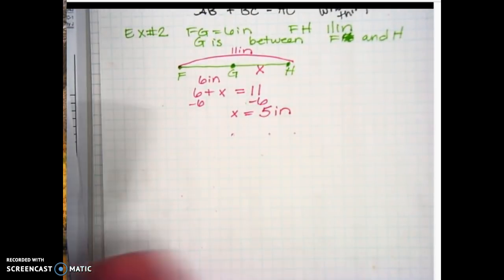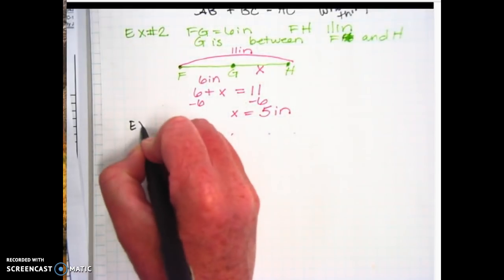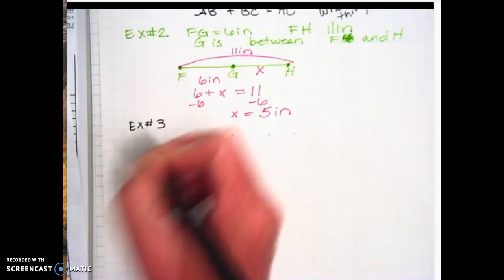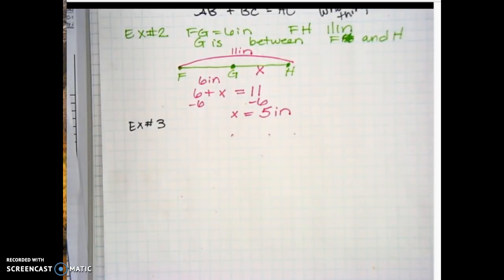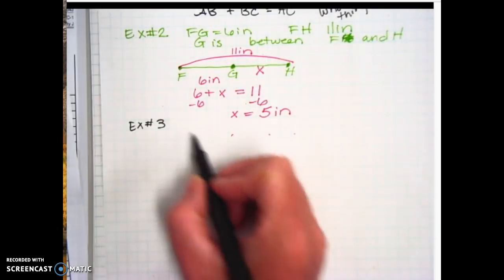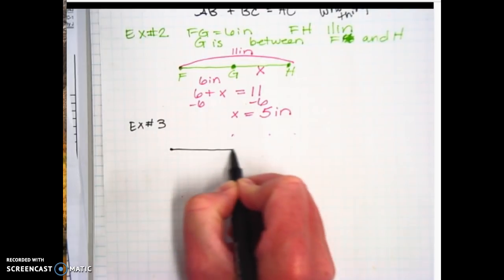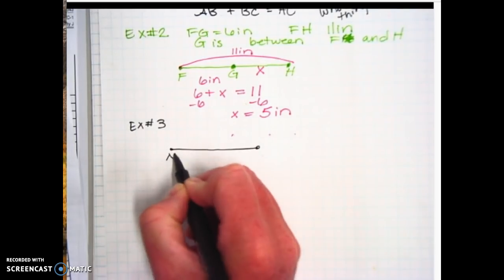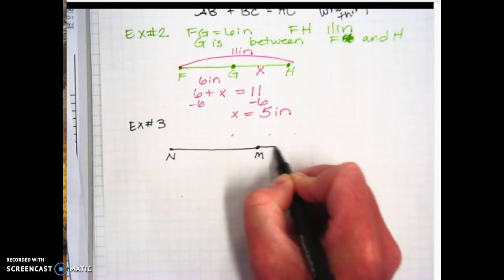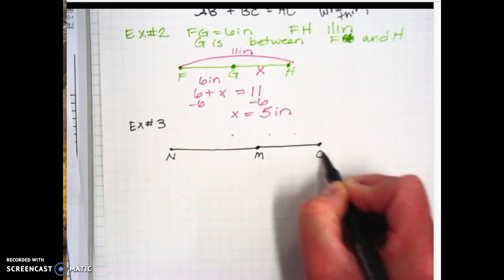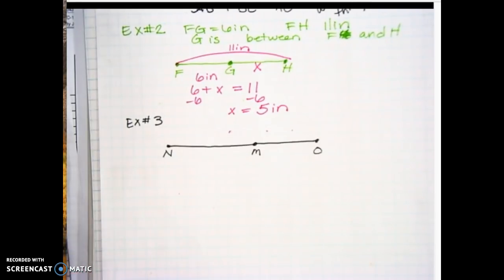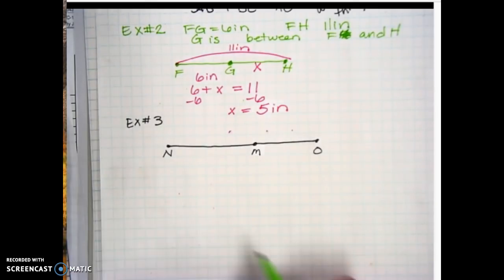All right. Example number 3 is really similar. But instead of just using numbers, we're going to use some algebra. That's why we did the Algebra 1 review before we started the book, right? So we're going to have a segment from N to M. And then we're going to have another segment from M to O. And I'm going to give you some measurements.